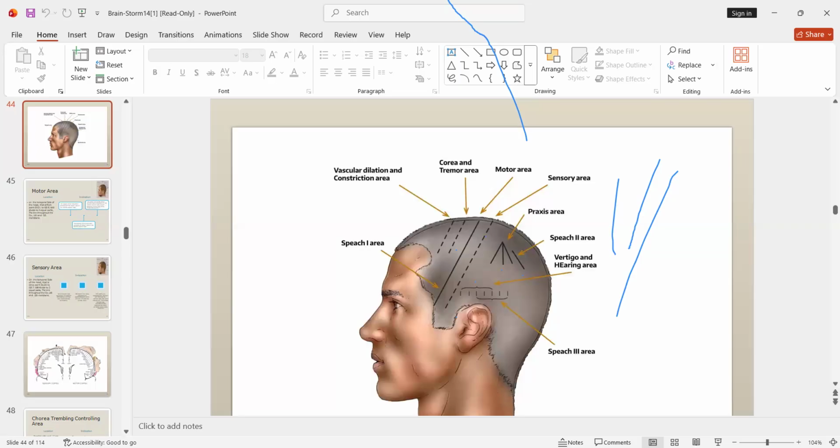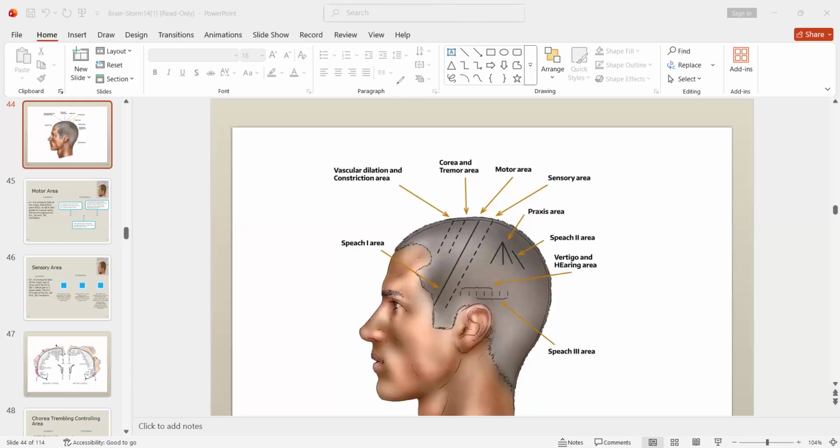Okay. So have you understood all these areas? Now you see the motor area. It is divided in 5 parts. The upper 1/5 part is for the lower limb, the middle 2/5 part for the upper limb, then the lower 2/5 part for the head and face area.